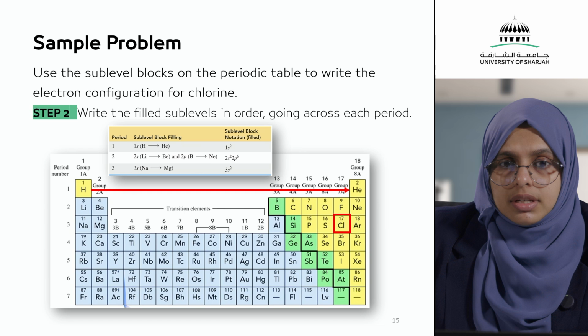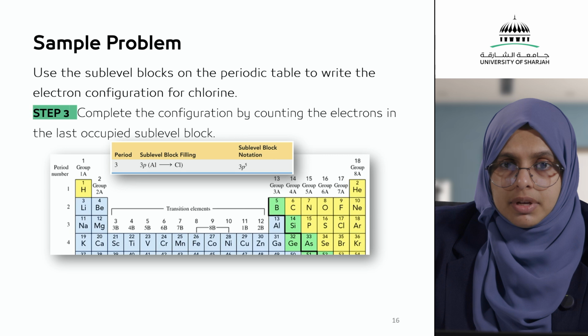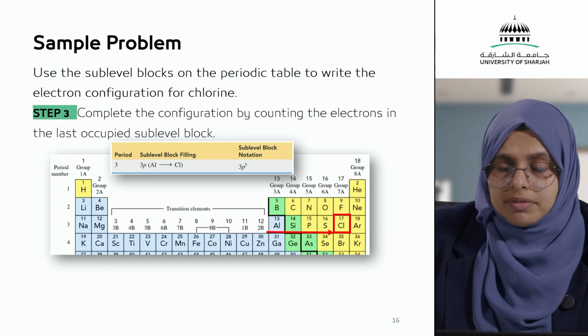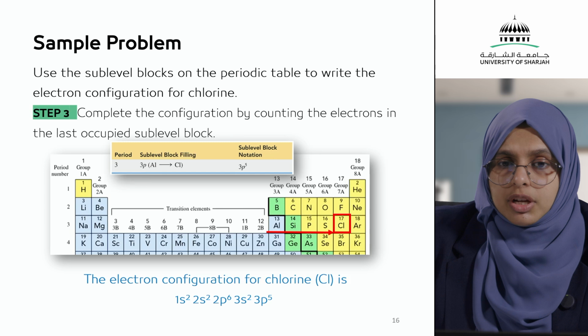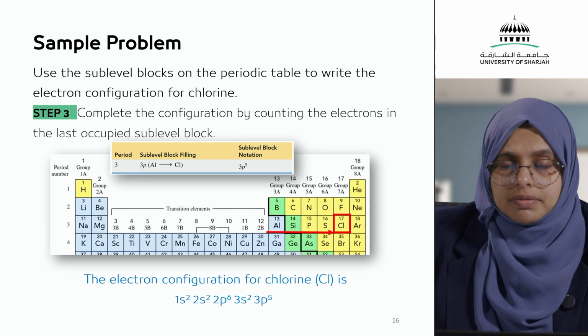Second energy level, 2s2, 2p6. Third, 3s2. The last step is to complete the configuration by counting the electrons in the last occupied sublevel block. It is 3p5. The electronic configuration for chlorine can be written as 1s2, 2s2, 2p6, 3s2, 3p5.